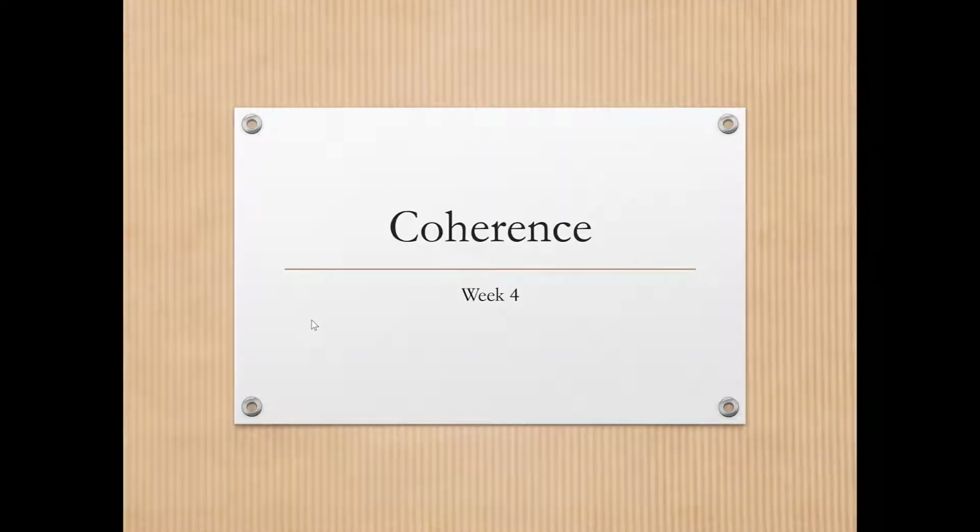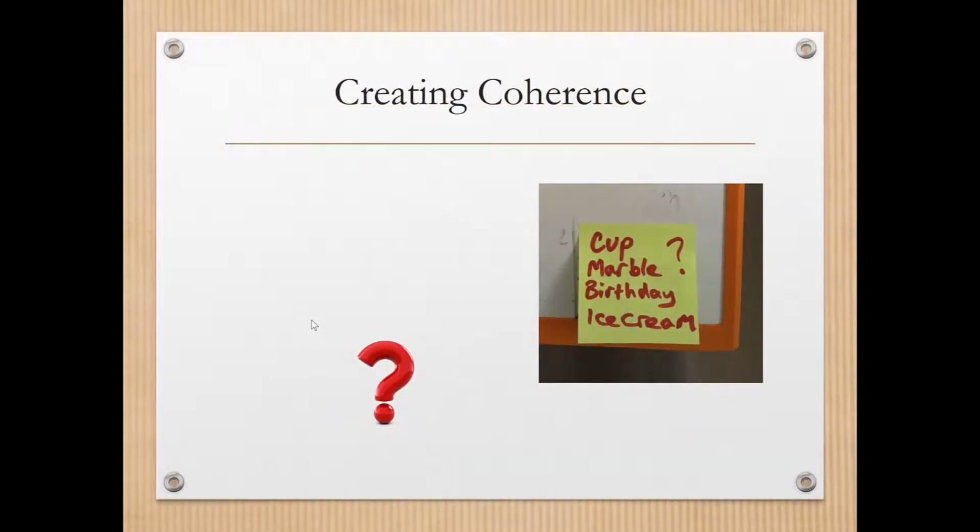What are we going to talk about today? We're going to introduce the idea of coherence. So again, we're firmly considering what the audience will think of our work, and we're making sure that we have a consistent theme throughout our writing. So let's take an example.